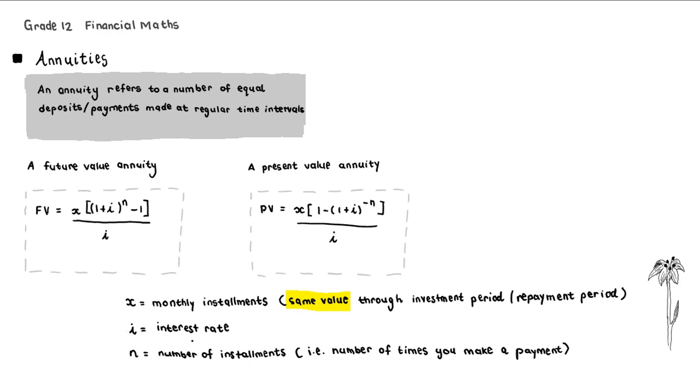I is your interest rate, and we always write down the interest rate in terms of decimals, right? And N refers to the number of installments that you're going to make, or you can think about it as the number of times that you actually make a deposit or a payment into your account. All right.